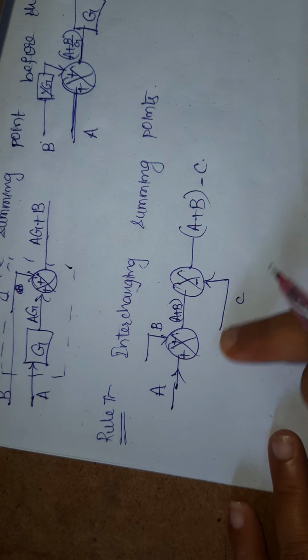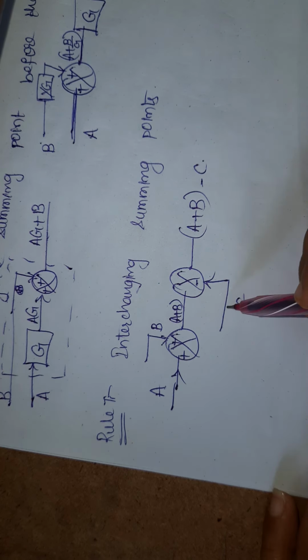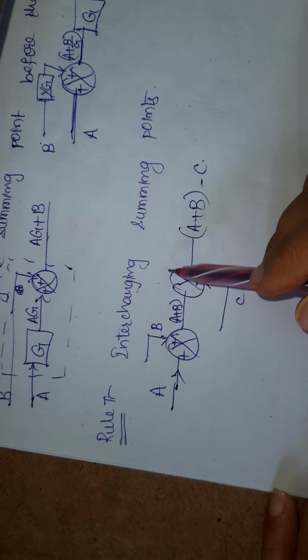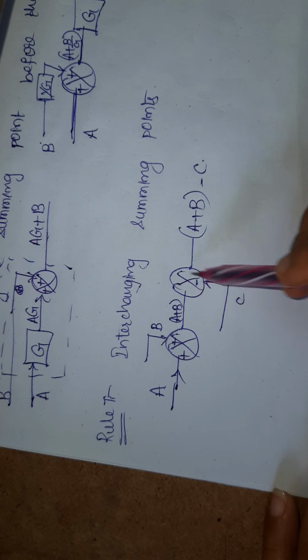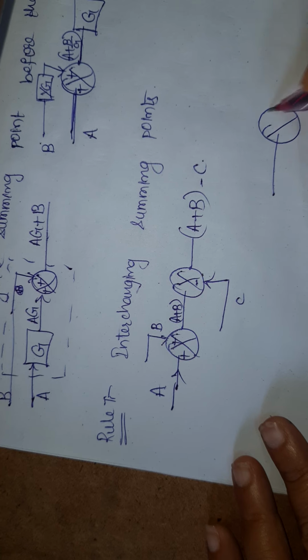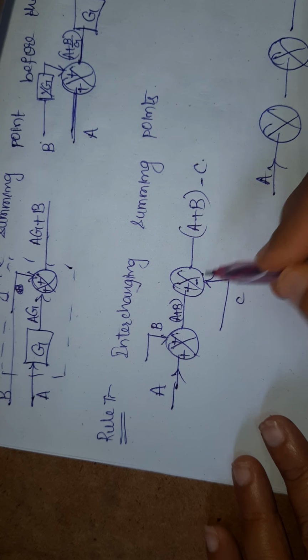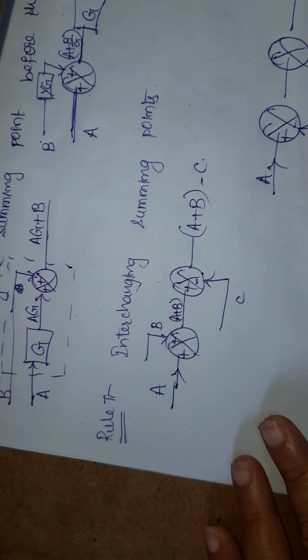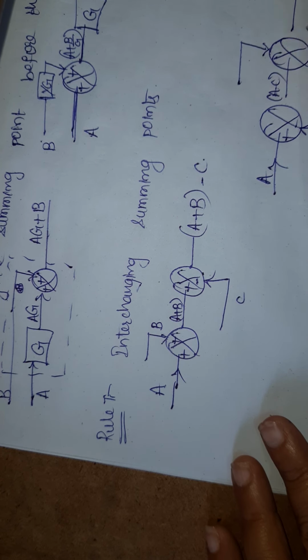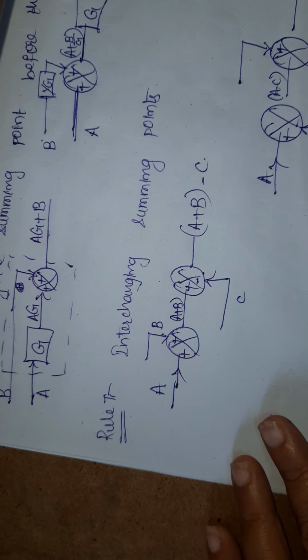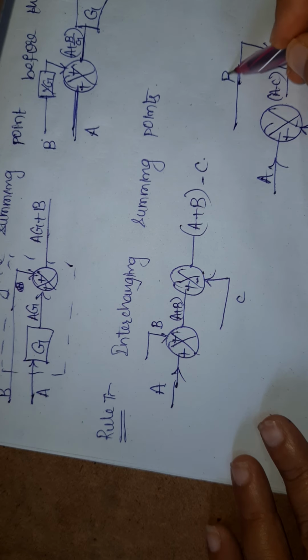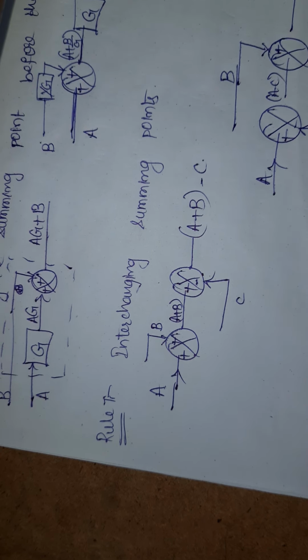Simply we can interchange whatever the lines which are connected to the summing points. For example, A input, here plus minus, this is C. What is the output? A minus C, and I am giving this here, plus B, so A minus C plus B, such that there won't be any changes in output. Okay, this is rule 7.